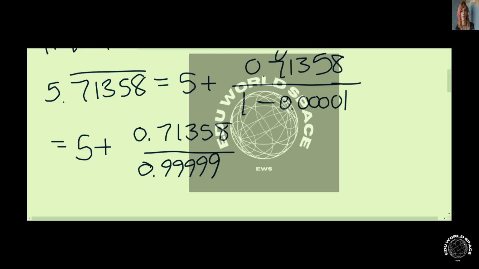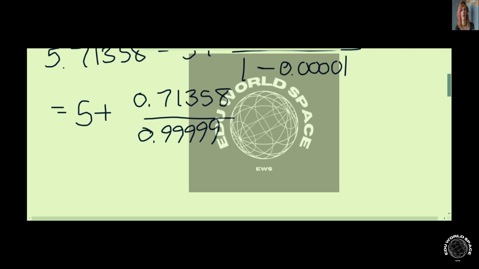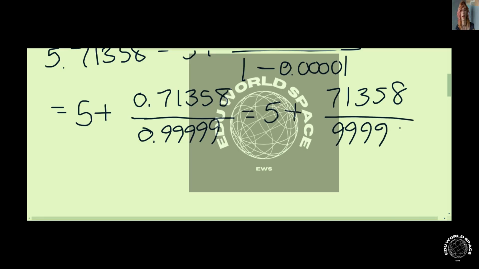And then you can simplify this by simply moving the numerator and denominator 5 decimals to the left, and you get 5 plus 71,358 over 99,999. Now we want to use the least common denominator, which is 1 times 99,999, which is just 99,999.